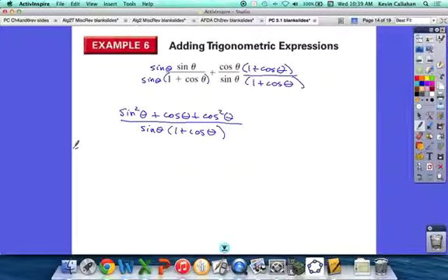Okay, how could I simplify the numerator? Sine squared plus cosine squared is 1, right? So these two, actually, we can replace with a 1. So now we've got 1 plus cosine theta in the numerator divided by sine theta times 1 plus cosine theta.